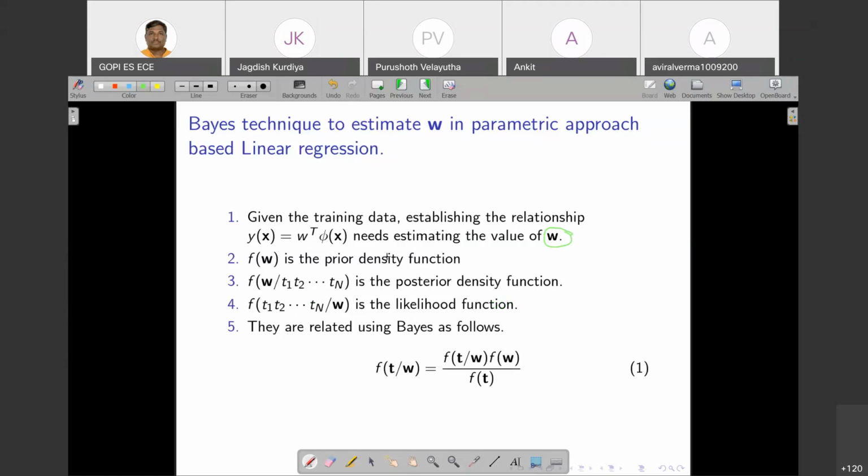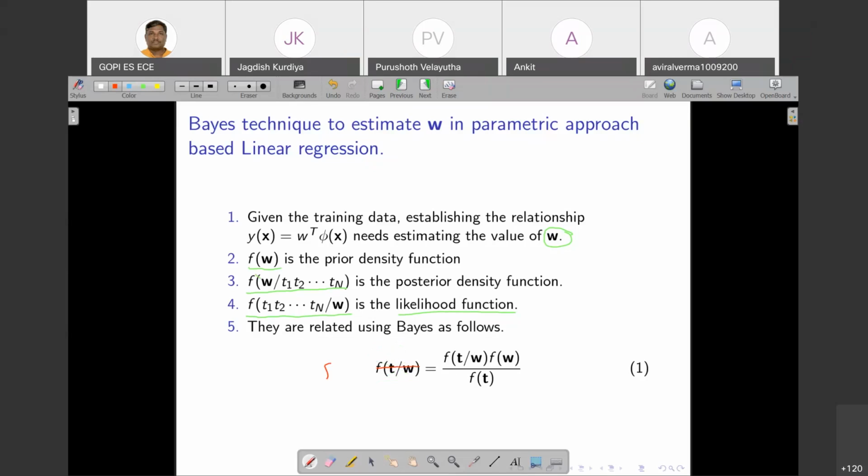So f of W given T is the posterior, f of T given W is the likelihood function. Let me change this, this is a mistake, this is incorrect.